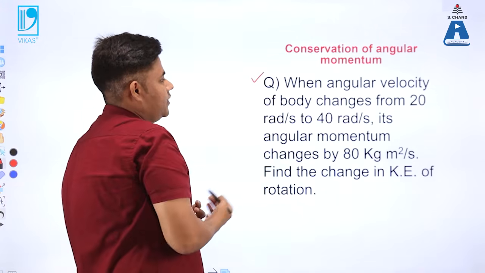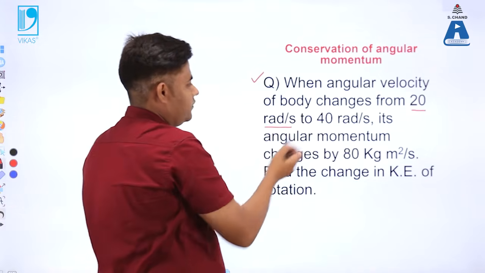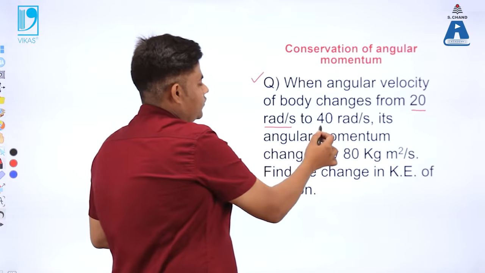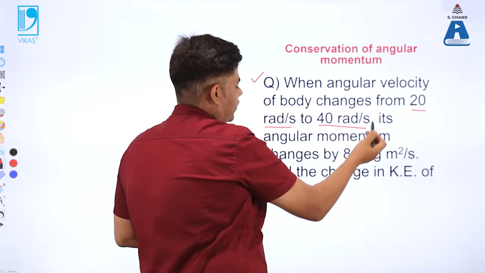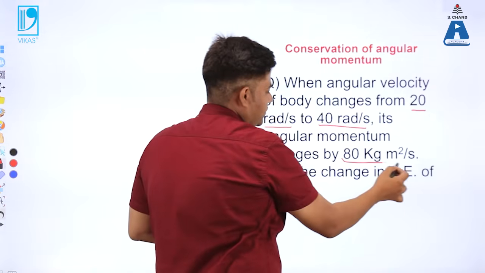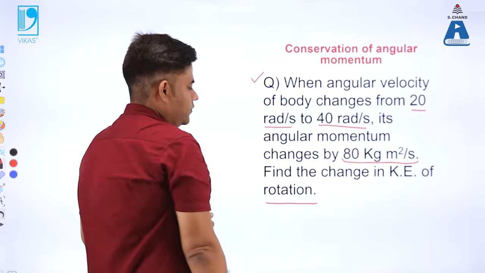It says that when the angular velocity of the body changes from 20 radian per second to 40, its angular momentum changes by 80 kg meter square per second. Find the change in kinetic energy of the rotation.